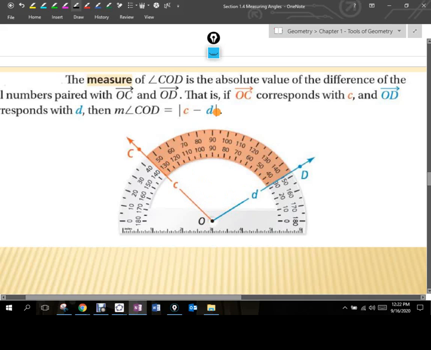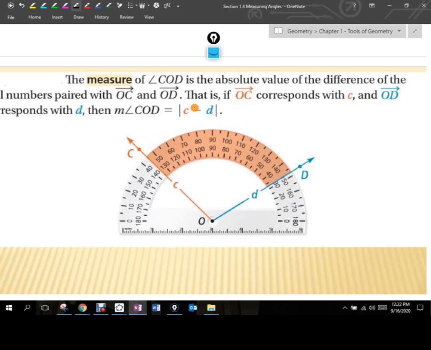Okay. Now, if you don't take the absolute value, you might get a negative number, and angles to us right now have to be positive values. And even when you get into trigonometry, when you talk about negative angles, they're still going to look like that. It just talks about the direction that the angle swept out, okay?